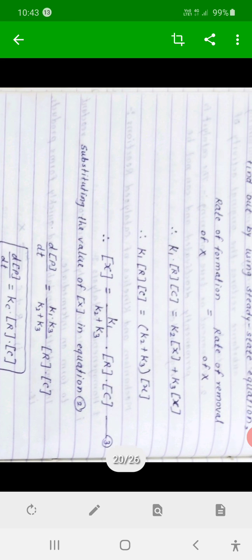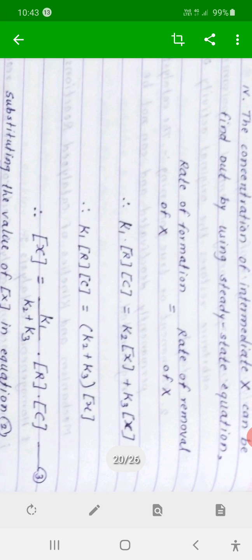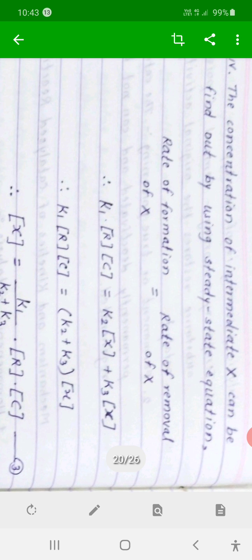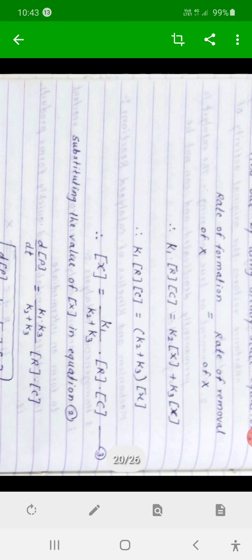Then the concentration of intermediate X can be found by using the steady state approximation. What is the steady state approximation?